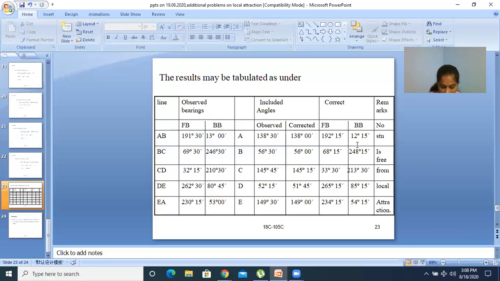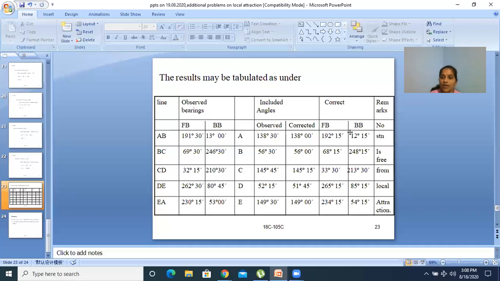So this is 180, and then 248 degrees 15 minutes minus 68 degrees 15 minutes. So this is also 180. 213 degrees 30 minutes minus 33 degrees 30 minutes. This is also 180. And then 265 degrees 15 minutes minus 85 degrees 15 minutes, it is 180. 234 degrees 15 minutes minus 54 degrees 15 minutes, it is also exactly 180.